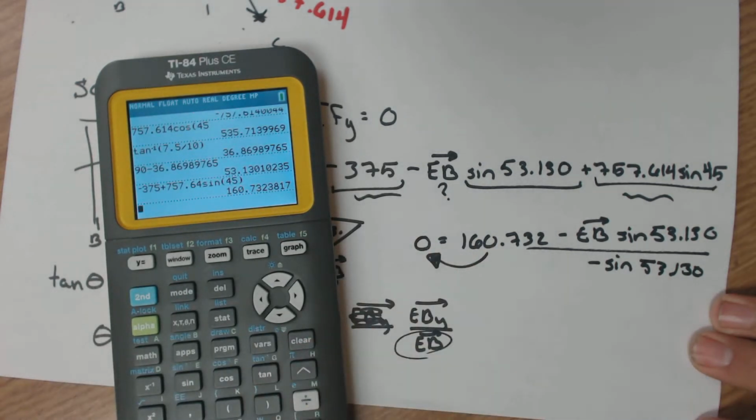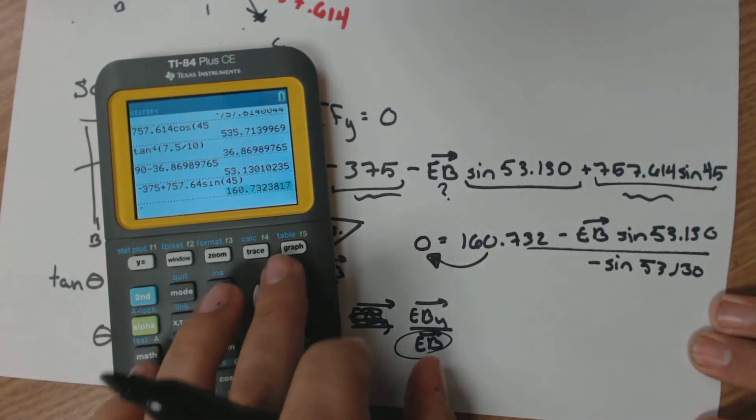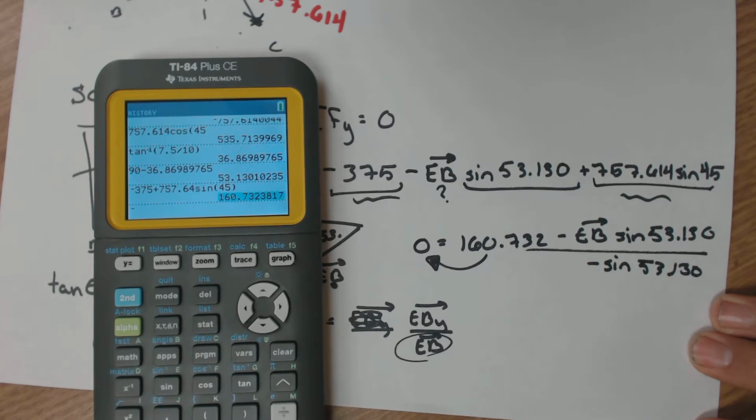So if I subtract that over, it's now negative. So I have negative that answer. And then I have to divide by a negative sine 53.130.